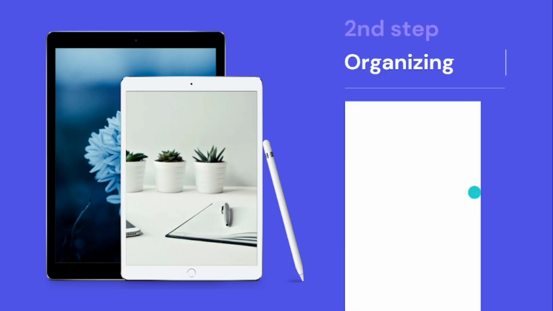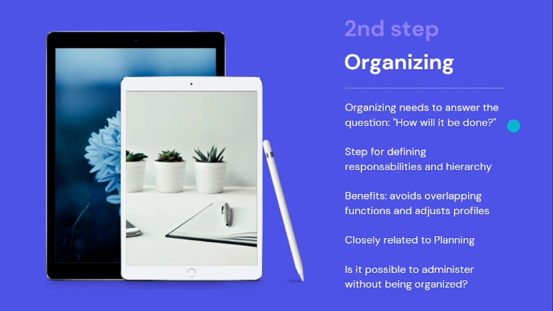The second step is organizing. Organizing needs to answer the question, how will it be done? This is a step for defining responsibilities and hierarchy. This is a step when you're going to structure what will be done. You have to build a structure. And what are the benefits of this second step? It avoids overlapping functions.